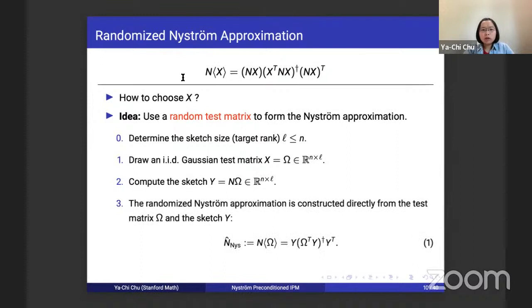And then some simple substitution suggests that the Nystrom approximation takes this form, which is the sketch times the pseudo-inverse of omega transpose times sketch, and then times sketch transpose. So we can observe that this formula depends only on the sketch of N. This is a good thing that people will exploit in the literature.